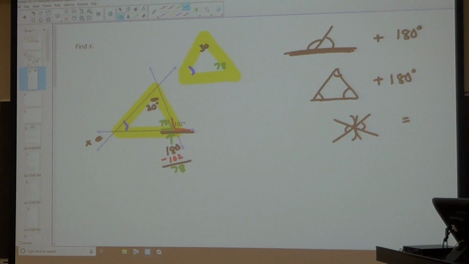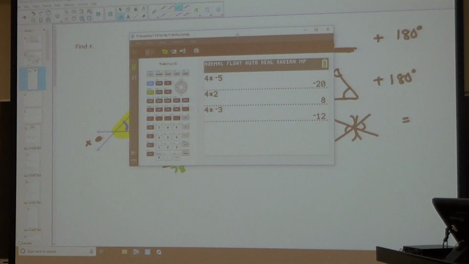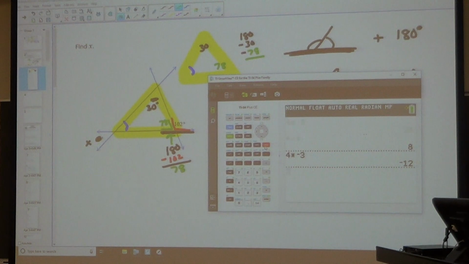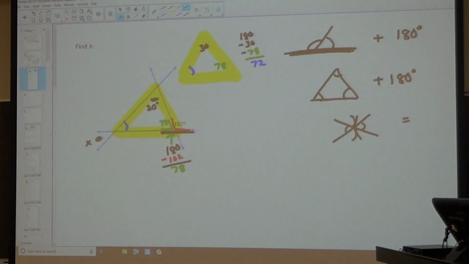The triangle rule says that all three of those have to add up to 180. So in my calculator, I'm going to do 180 minus the 30 minus the 78. So the blue angle is going to be 72.